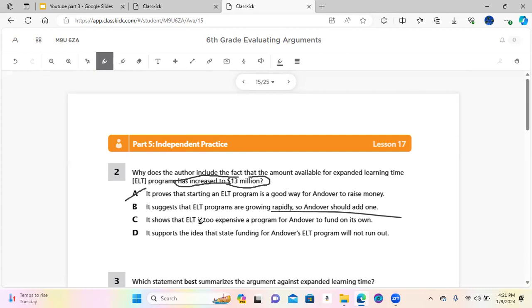C: It shows that ELT is too expensive a program for Andover to fund on its own. Is that one correct? So choice C is incorrect. Increased funding suggests that Andover will not have to be the sole support of the program. Let's look at D. It supports the idea that state funding for Andover's ELT program will not run out.